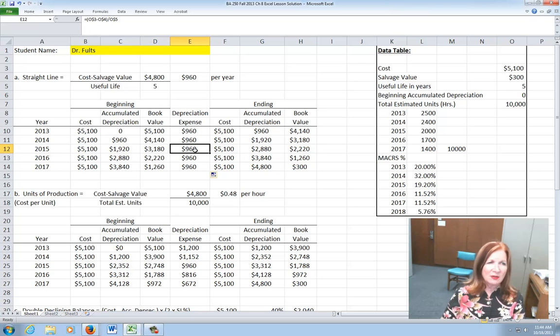Now we have our 960 depreciation expense. We have then our cost, which is already in there. Now our accumulated depreciation becomes last year's depreciation plus this year's depreciation expense to get that accumulated depreciation. Accumulated plus current expense equals new accumulated, and then a new book value.